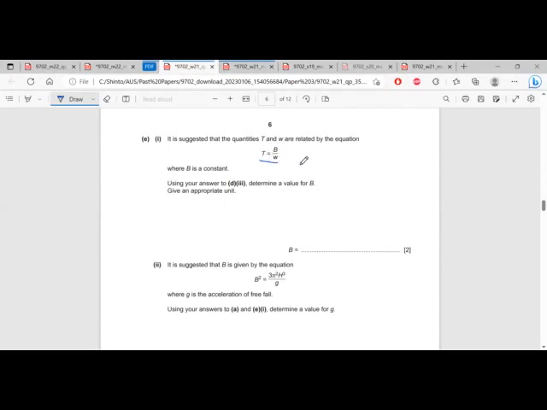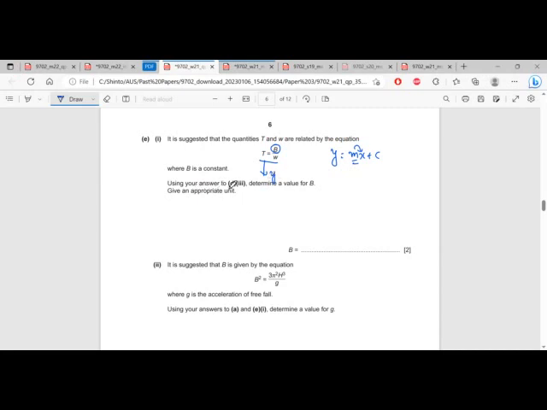This is the quantity that you have plotted on the y-axis and 1 by w is what you have plotted on the x-axis. So you compare it with the standard equation of a straight line, y equals mx plus c. The m value is whatever you have multiplied with the thing that you have taken along the x-axis. So here, instead of m, you have b, which is the gradient or slope of the line.